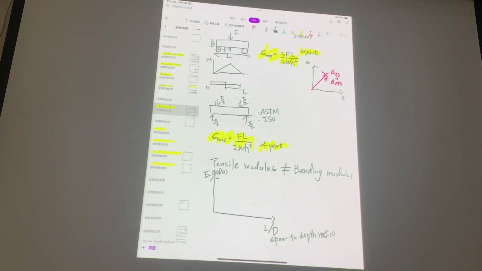So L divided by D. By the way, the D over here, sorry, let me correct this, is the H. Okay? So what you see is if you do tensile tests, this is the tensile modulus.